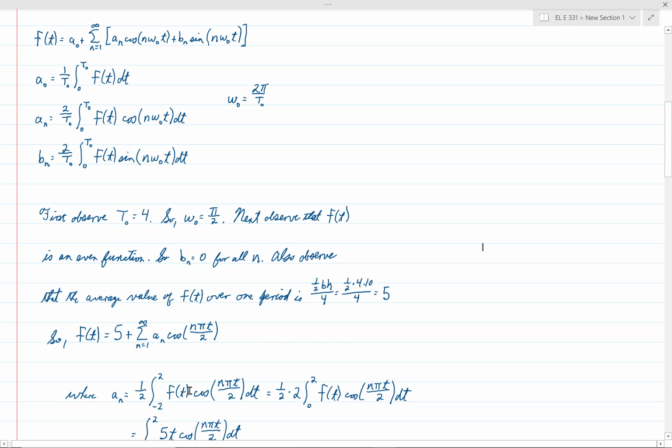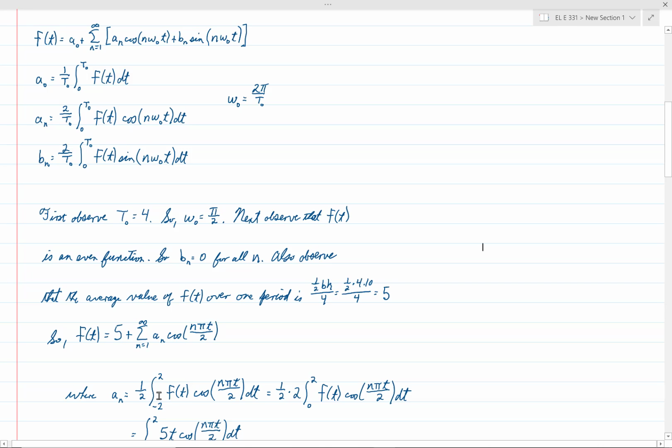Okay, f of t is an even function, as we have already observed, and cosine is an even function. Now, just like up here when we said an even function times an odd function is always odd, well, an even function times an even function is always even.